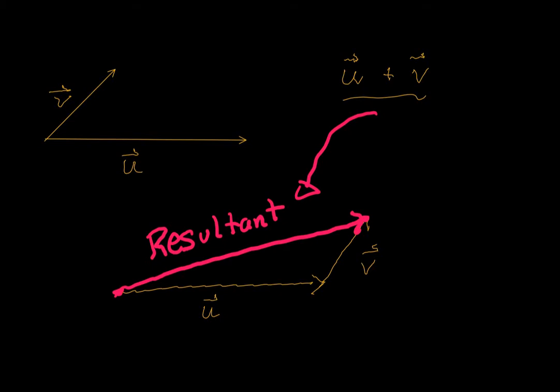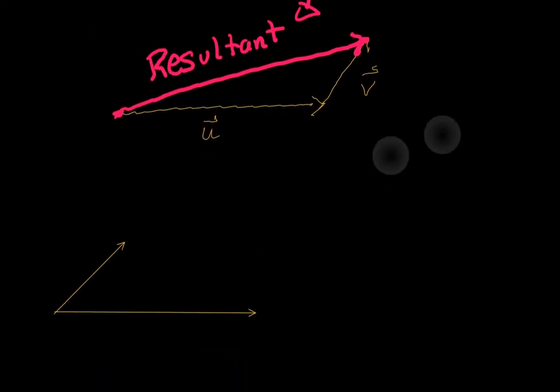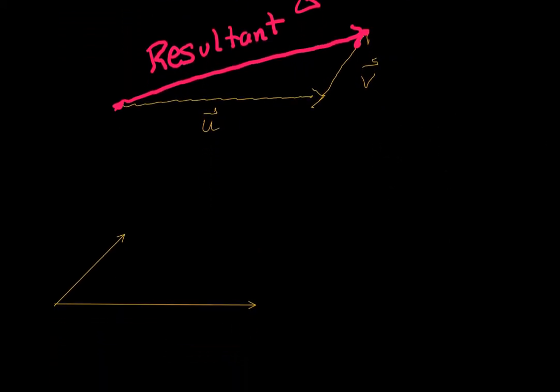Now, there's another way to represent this visually once you know how the addition works, and that is if you have the original two vectors, u and v, and you imagine that these two vectors are the sides of a parallelogram.